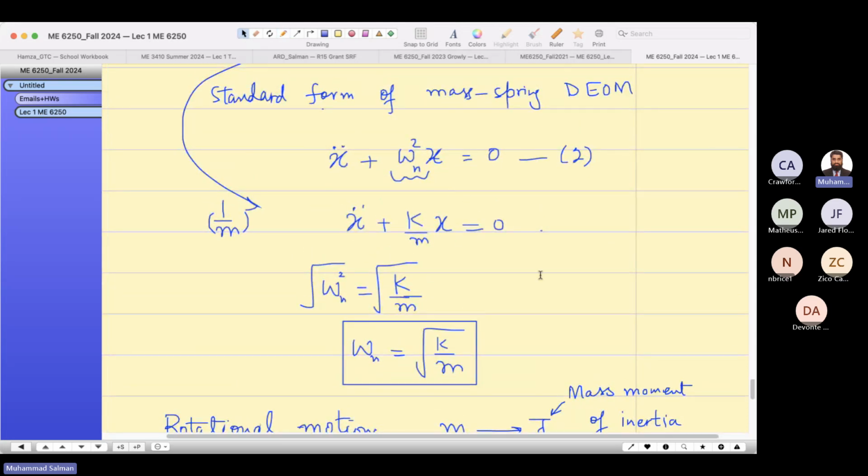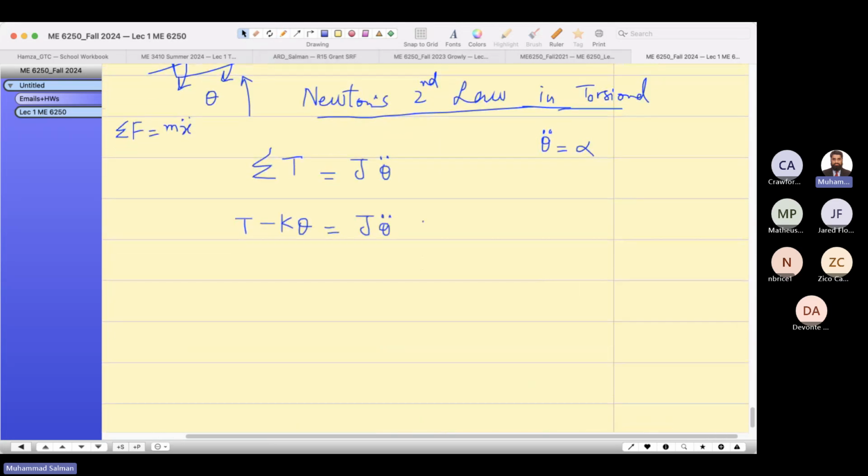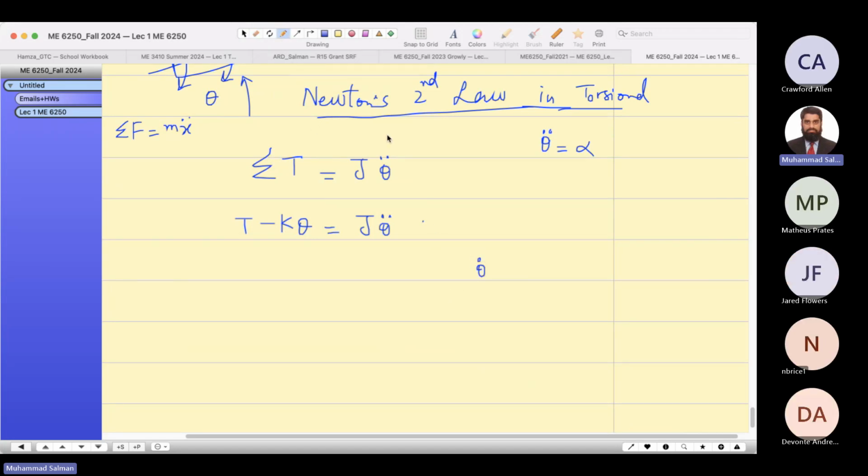The standard form is the same but with theta double dot plus omega n square theta, equal to either zero or torque. It doesn't matter. So I can write J theta double dot plus k theta equals torque, and divide by J on both sides.